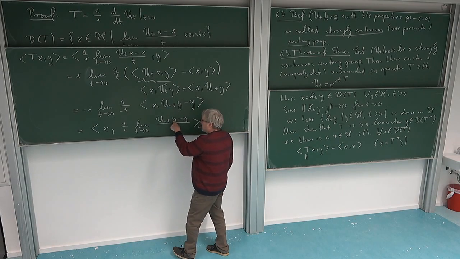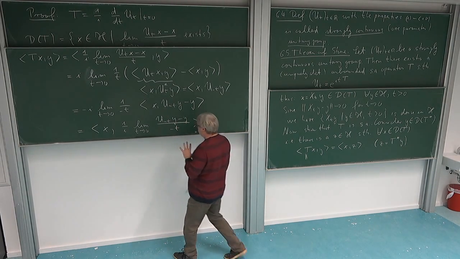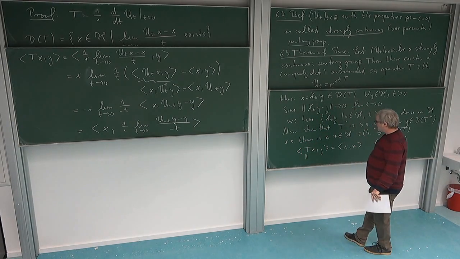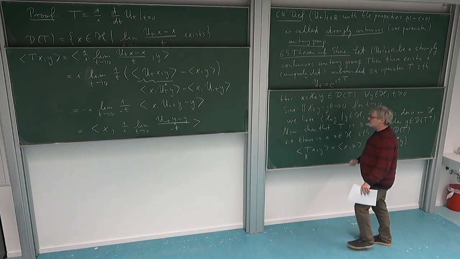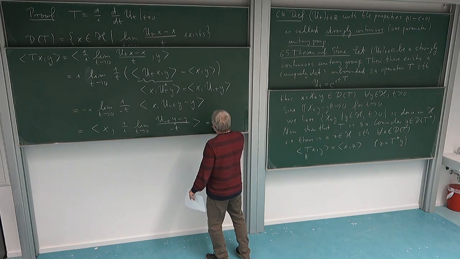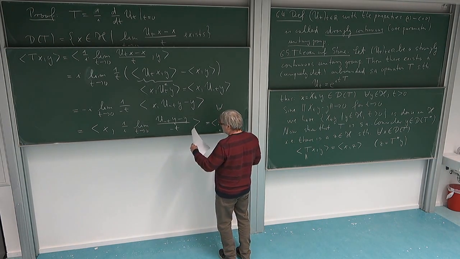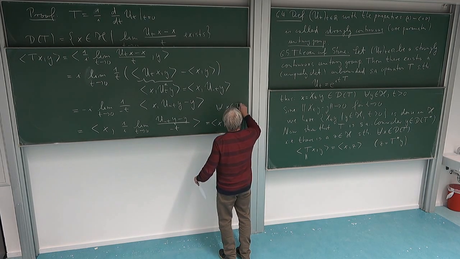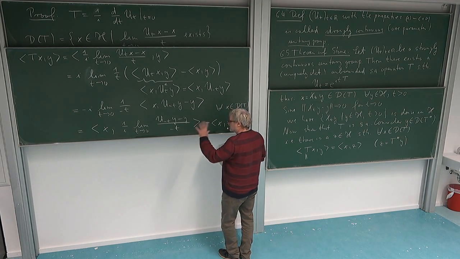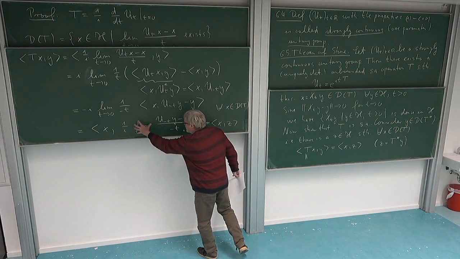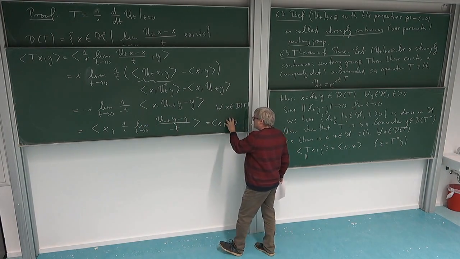And here I have a y, so for this y, a priori, I don't know whether this limit exists, but my condition that y is in the domain of t star tells me that this side here is actually the same as x comma z for all x in the domain of t. And this is a dense domain, so this tells me that this limit here must exist, namely it must be equal to this.